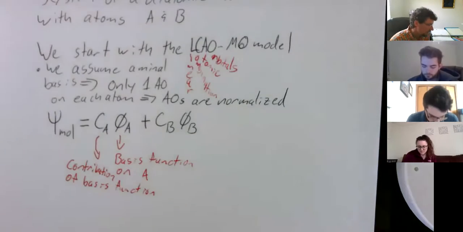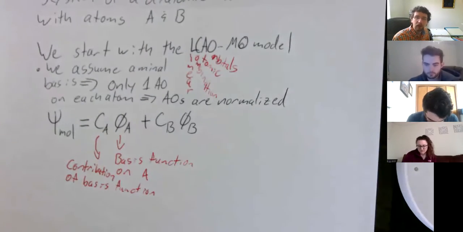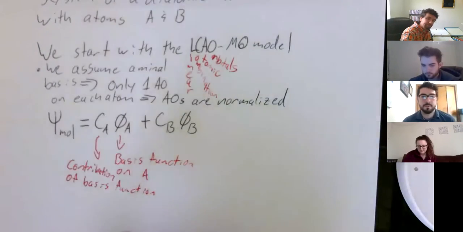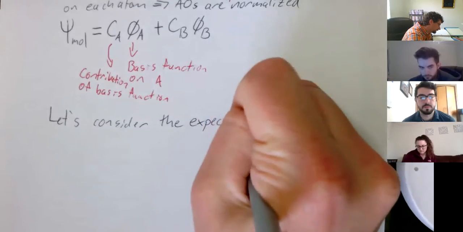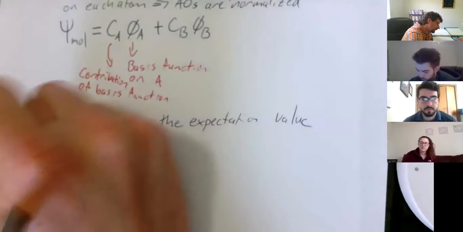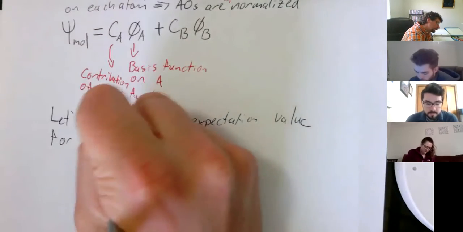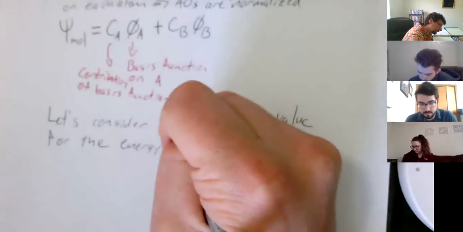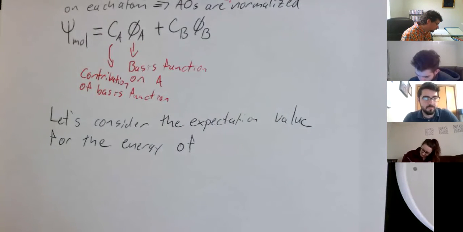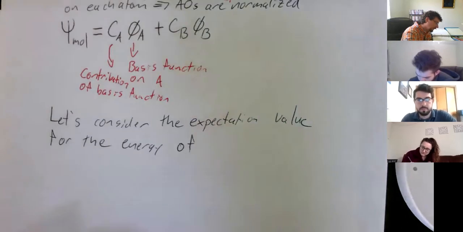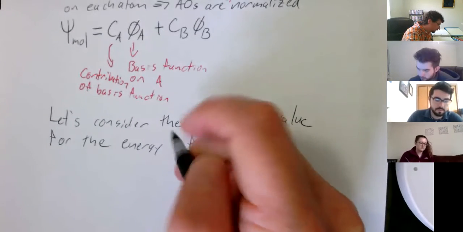Okay. So now we have a wave function, we have a Hamiltonian, we want to get an energy out. So let's consider the expectation value for the energy of the molecule.